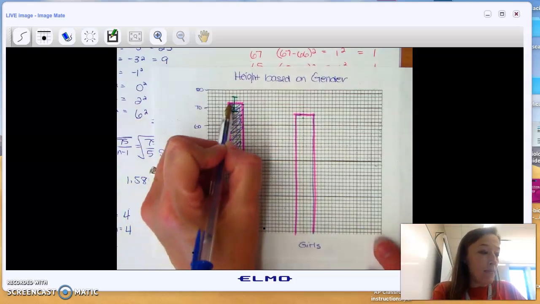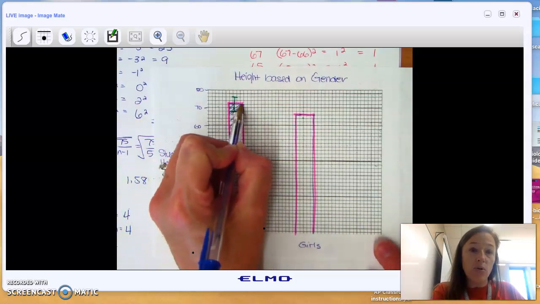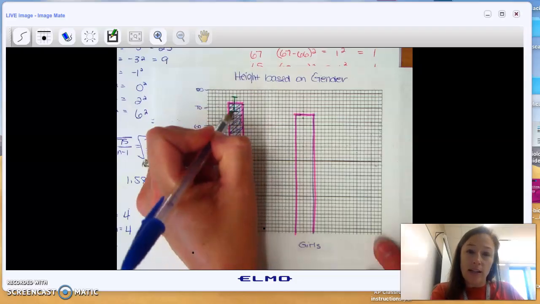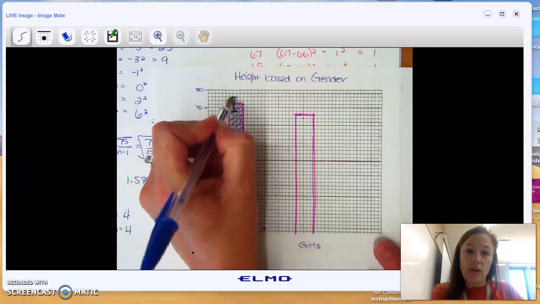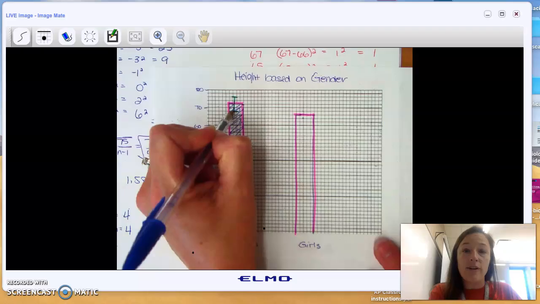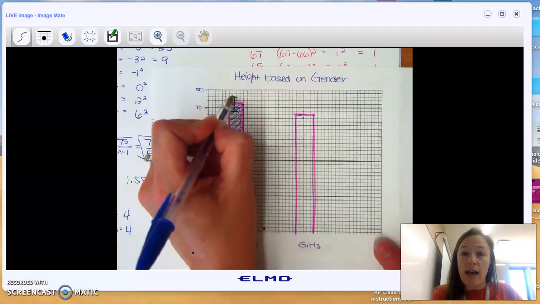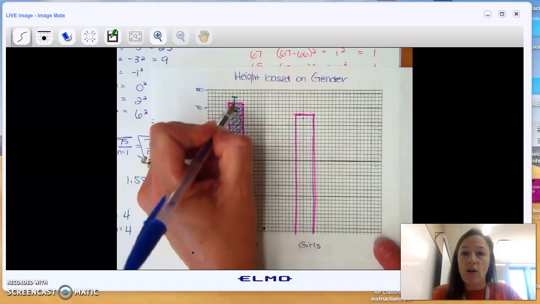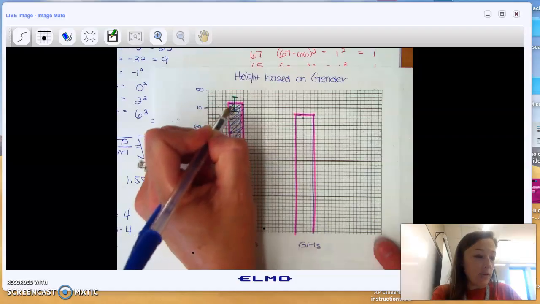The mean for this sample was 72, but by calculating standard error and creating these bars, we can say with 95% confidence that if we looked at every 17-year-old in South Carolina, the country, or the world, the actual mean would fall in this range.